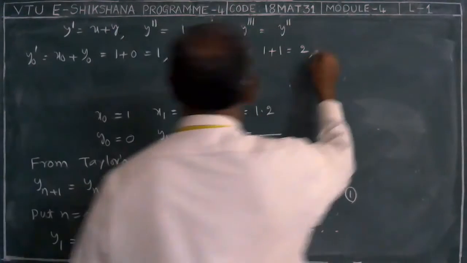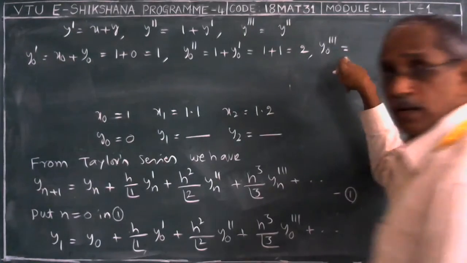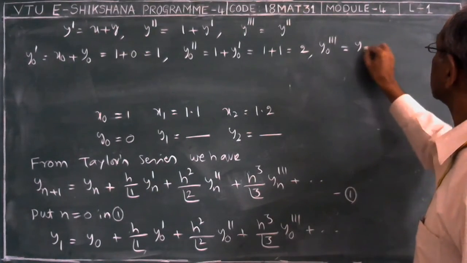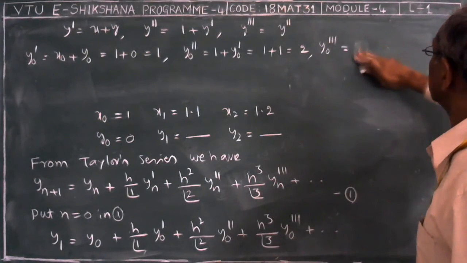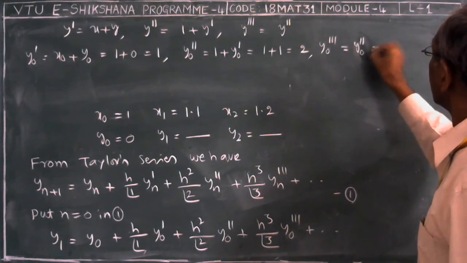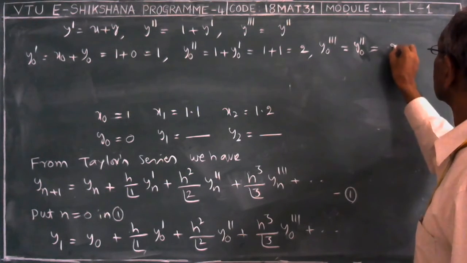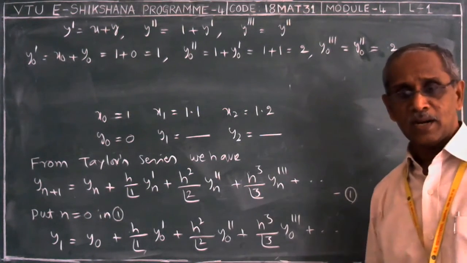Then y naught triple dash is just y naught double dash. So y naught double dash is 2, and y naught triple dash is 2.